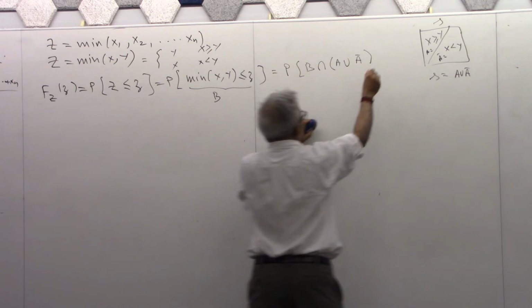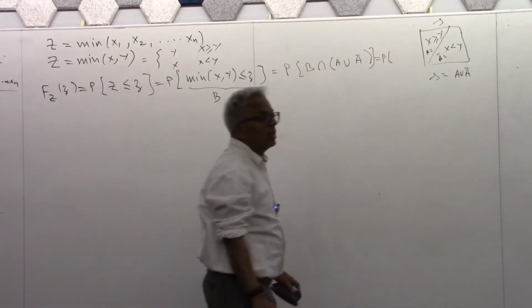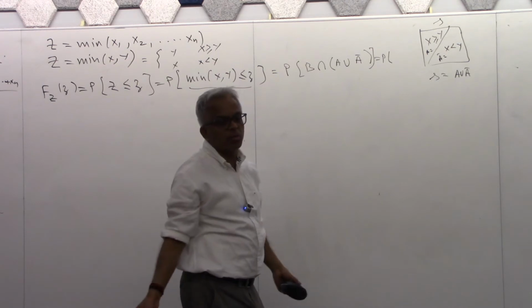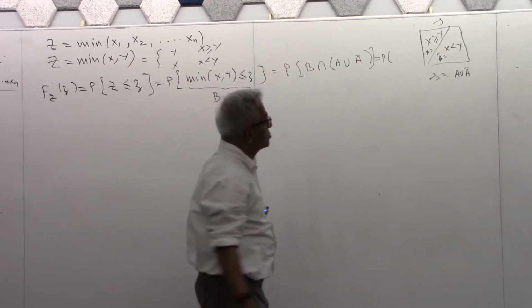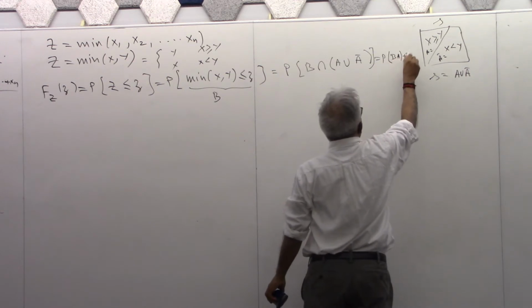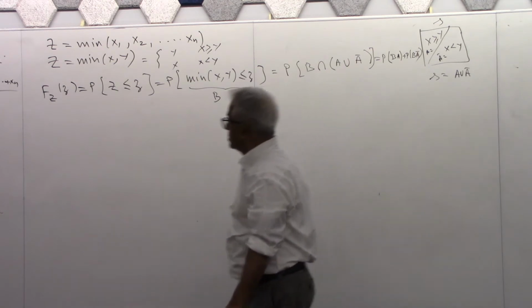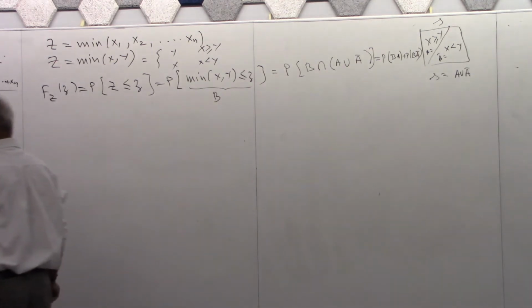So it's the same argument as before. So this is P of B A union B A complement. A and A complement are exclusive. So this is P of B A plus P of B A complement. Why am I writing all this? Look at how this simplifies now.